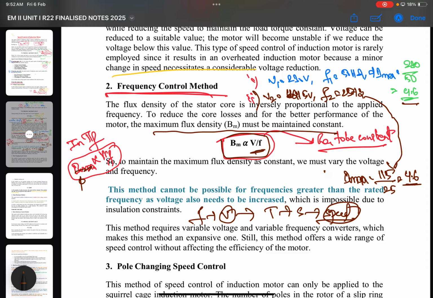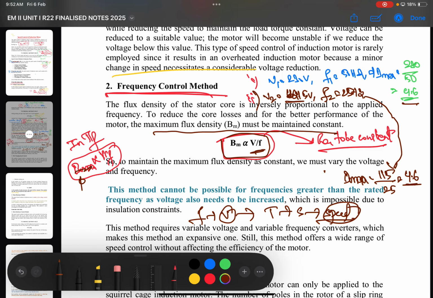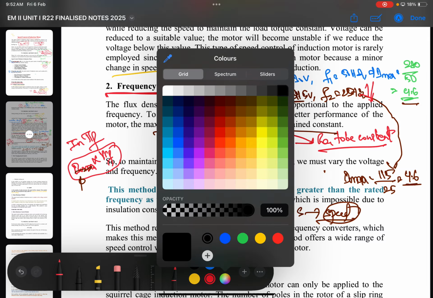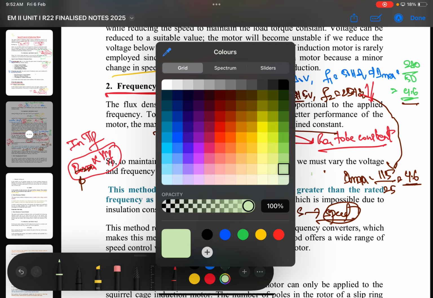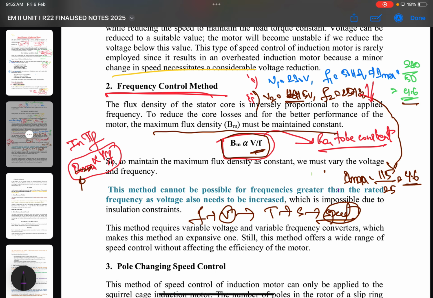Now in the second possibility, have I reduced the voltage or not? Have I reduced the frequency or not? I have reduced the voltage and frequency.